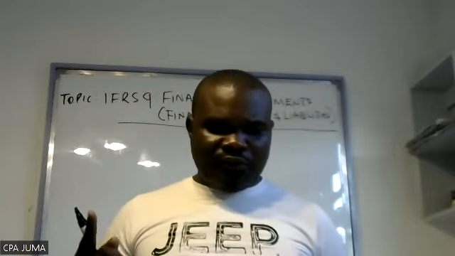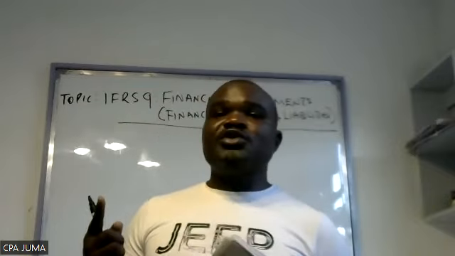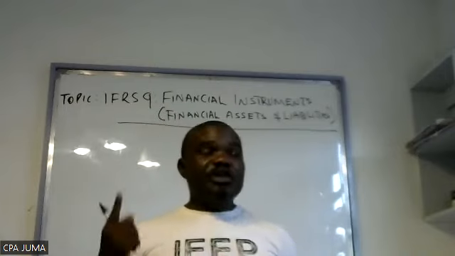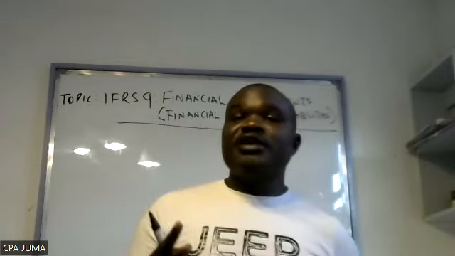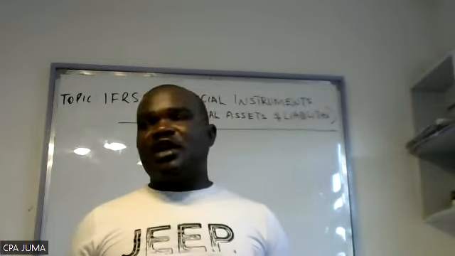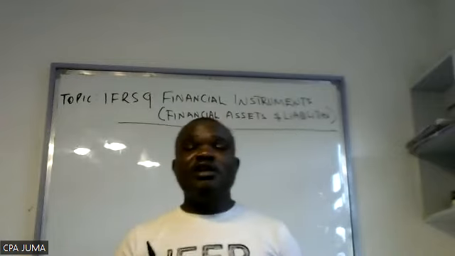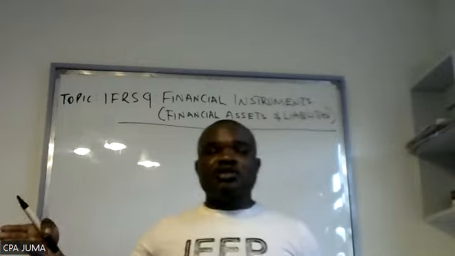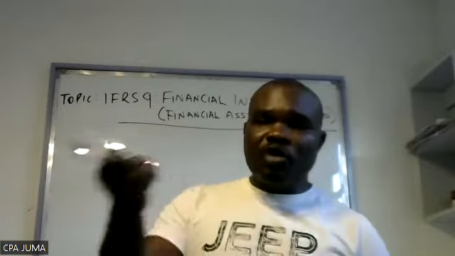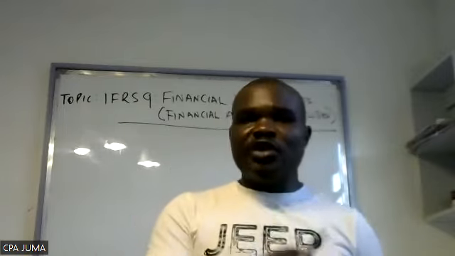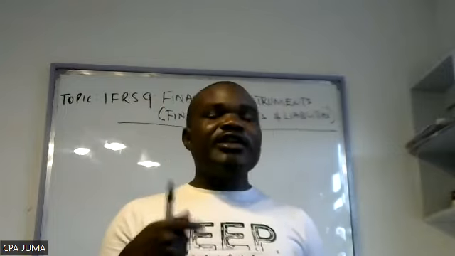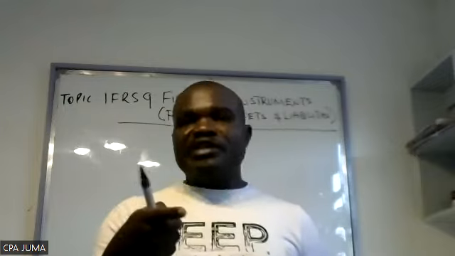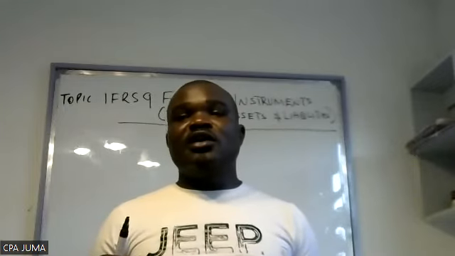Before I go far, there is something you need to know. Financial instruments give rise to both an asset and a liability at the same time. It is a liability to the issuer. So if the government is the one issuing the bond, it becomes a liability on their side. While you, who are receiving the certificate in exchange for money, have invested, so it is an asset on your side.